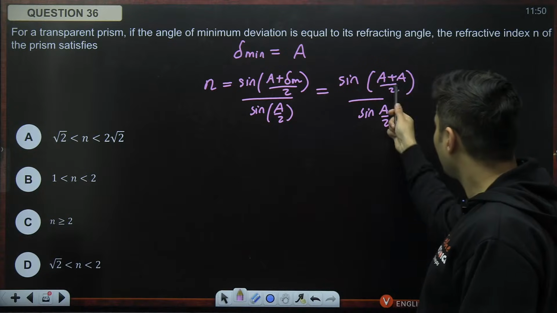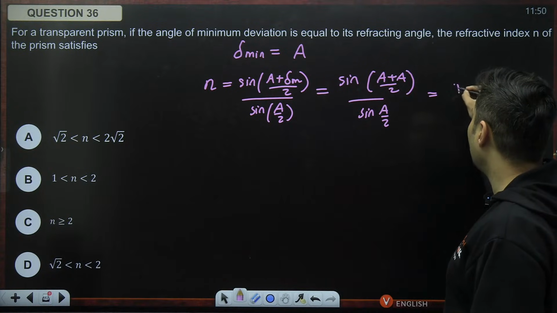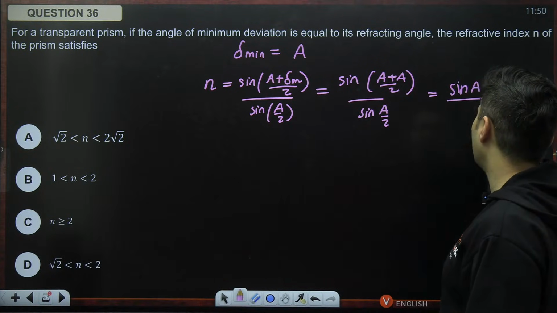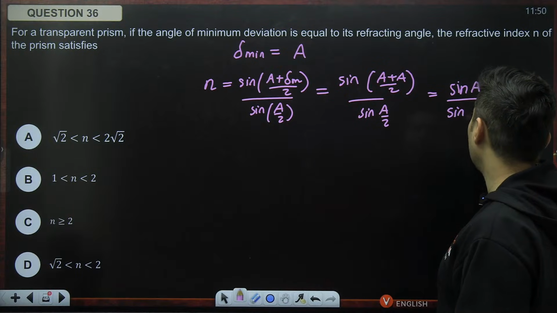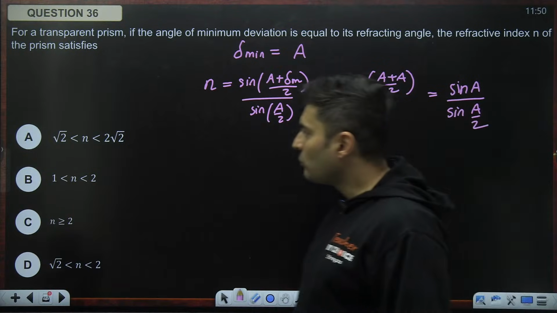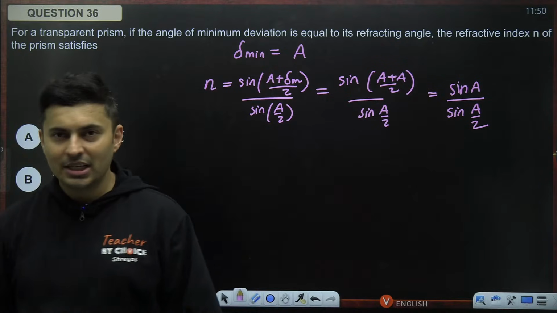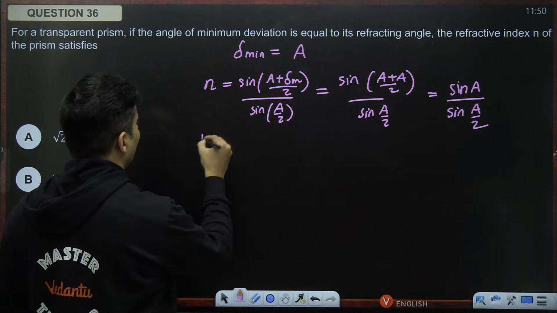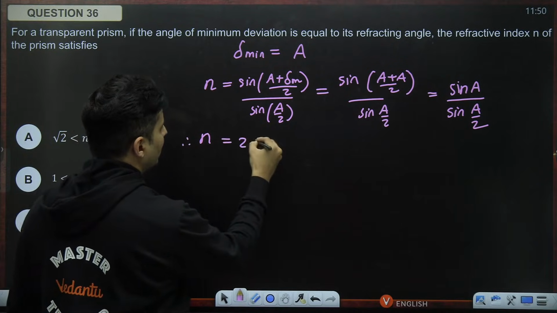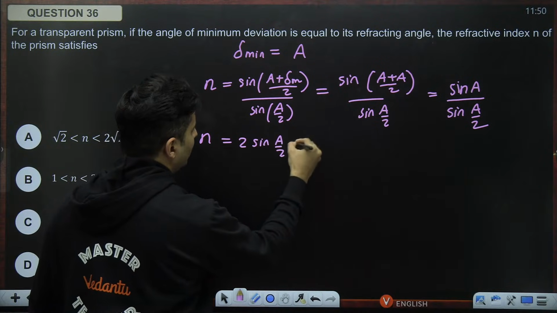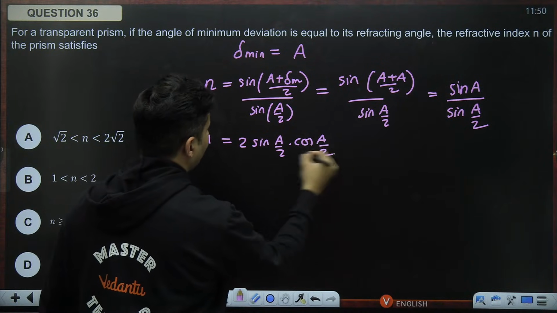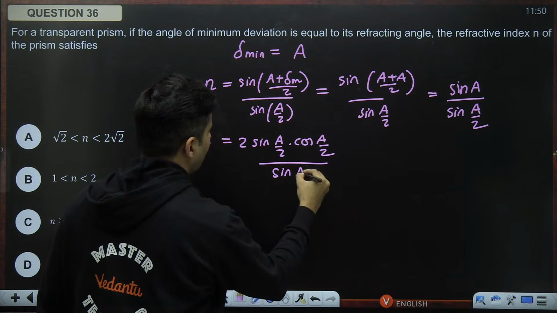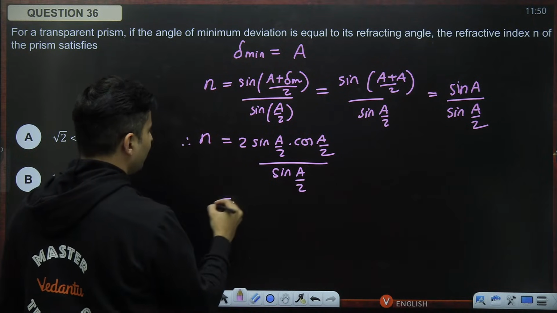Correct? So this is nothing but just sine of A, and this is sine of A by 2. So what can we do ahead? Think about it. I think I can use the double angle formula. Therefore n will be 2 times sine A by 2 into cos A by 2, divided by sine A by 2. Sine A by 2 will cancel.